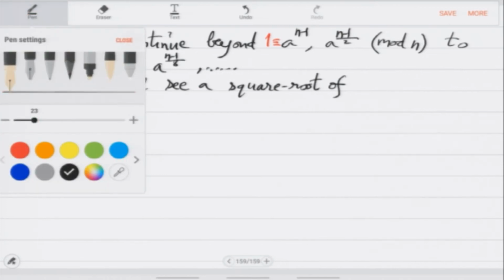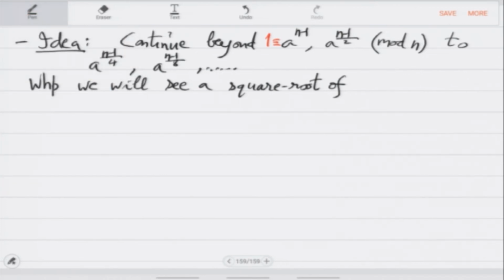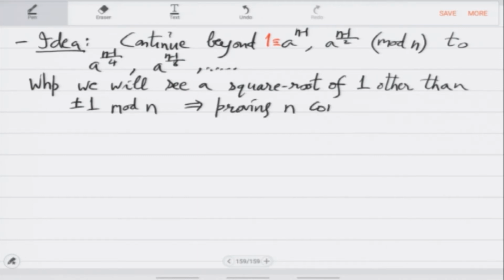You are basically taking the square root of 1 every time, and with high probability you will see a square root of 1 other than plus minus 1, proving that n is composite. Because if n was prime, then the only square roots of 1 are plus and minus 1, right. So that's the basic idea.